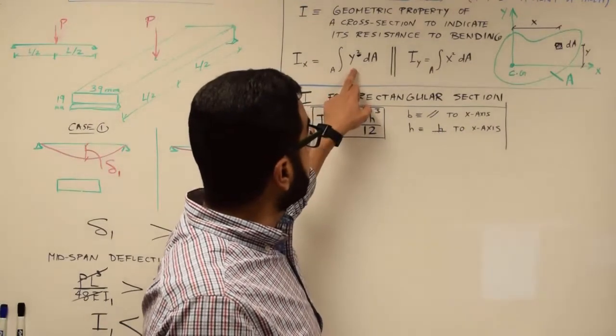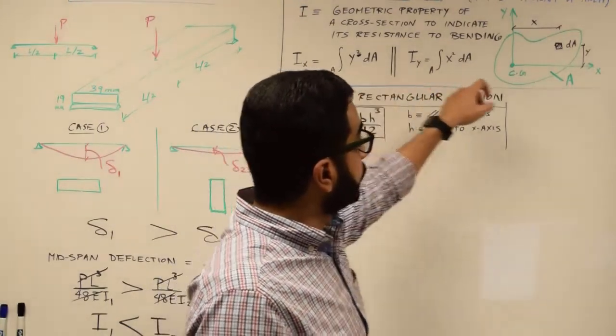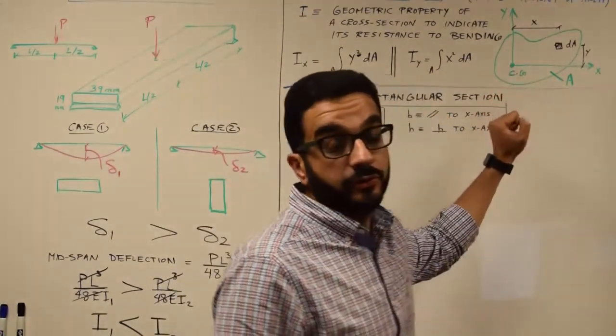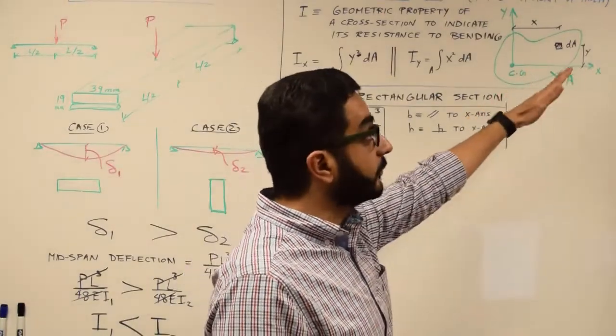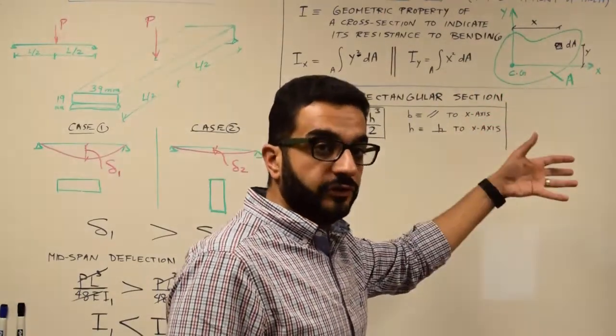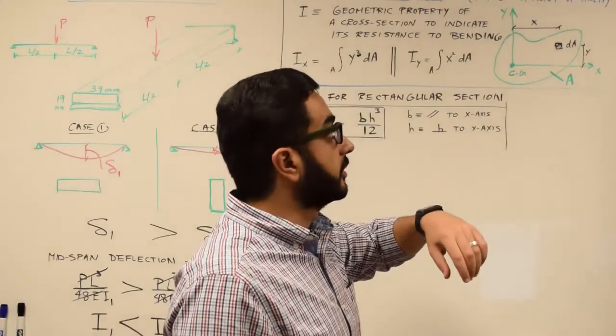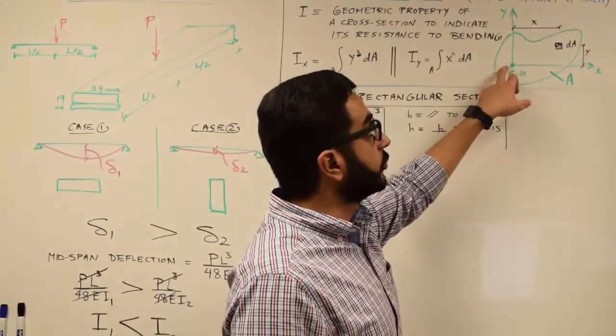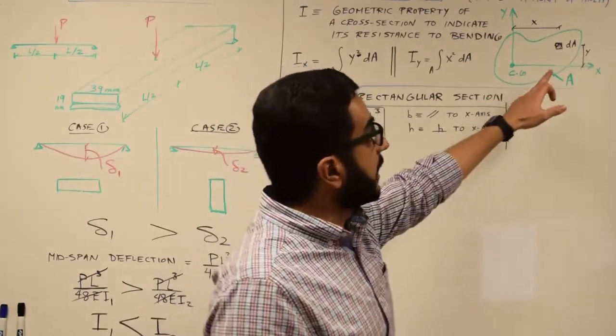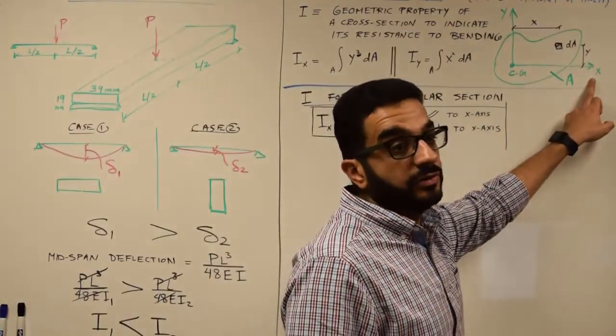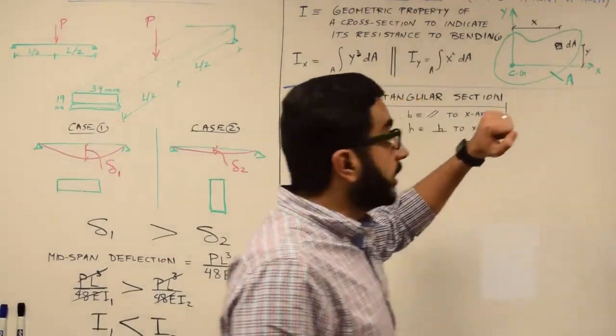But just pay attention here that y is measured from the x-axis going through the center of gravity. So you have to first do, similar to the exercise we covered early in the class, figuring out the centroid, or the center of gravity, and that's the x-axis, nothing else, to calculate the Ix of the cross-section.